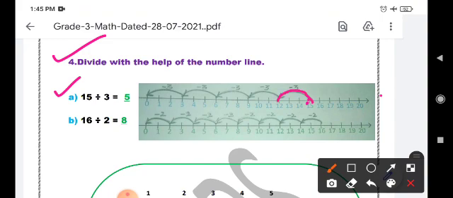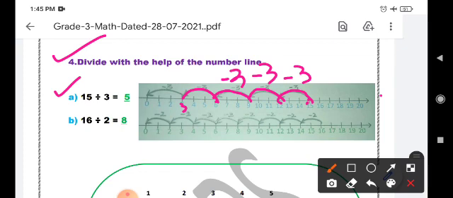From 15 to 12, you hop. So what you did? Minus 3. 15 minus 3, you are at 12. Now, 12 minus 3 will give you 9. What you did? Repeated subtraction. Now, 9 minus 3, you are at 6. 6 minus 3 is 3. So you will land at 3.